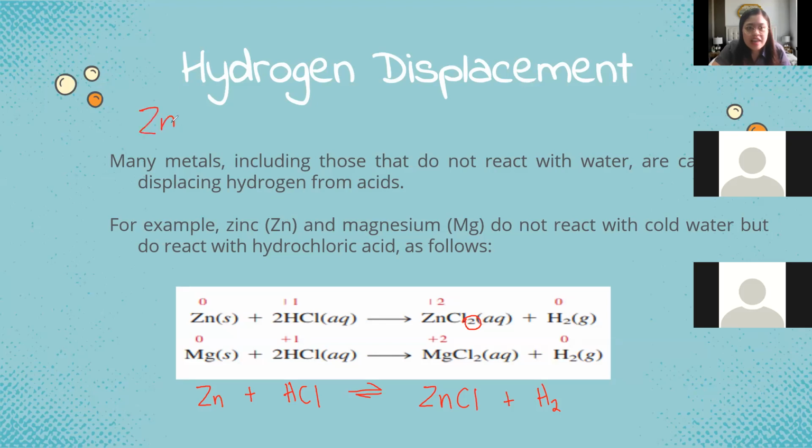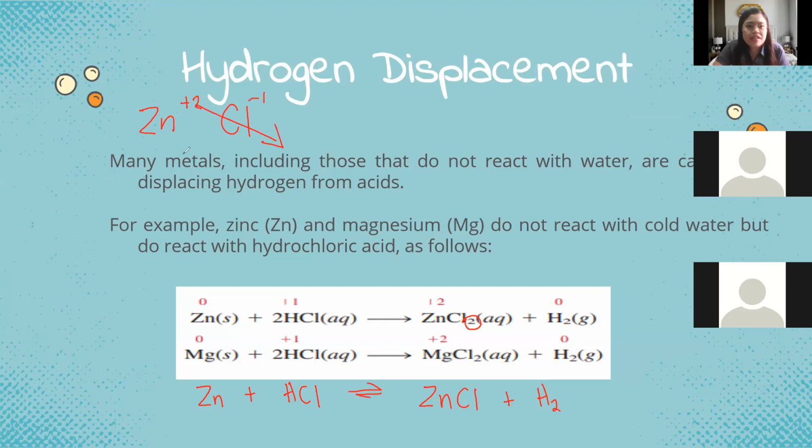So zinc class, remember, is located in the center of the periodic table, which means siya ay isang transition metal. And pag transition metal, the charge is always positive 2. While chlorine belongs to group 7A, it's a halogen, and our halogens, ang kanilang charge ay negative 1.